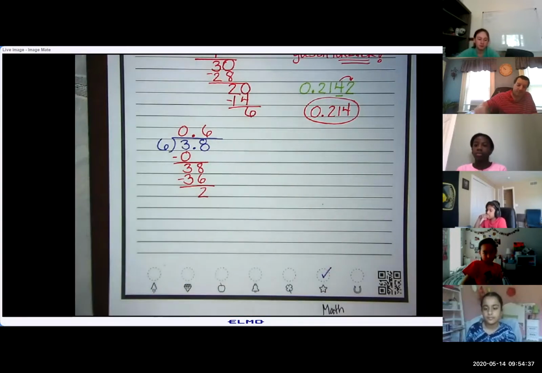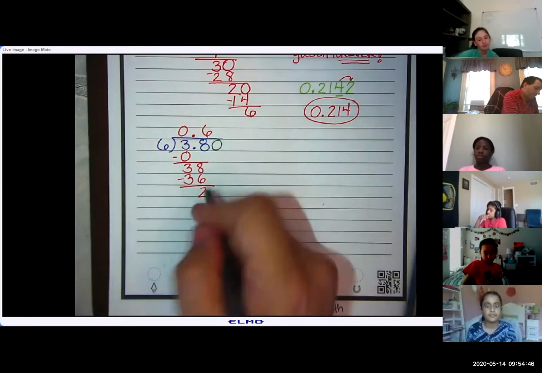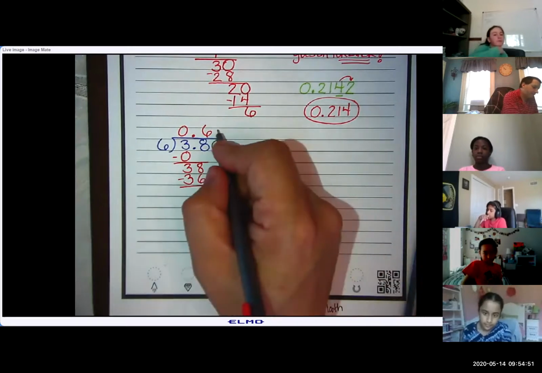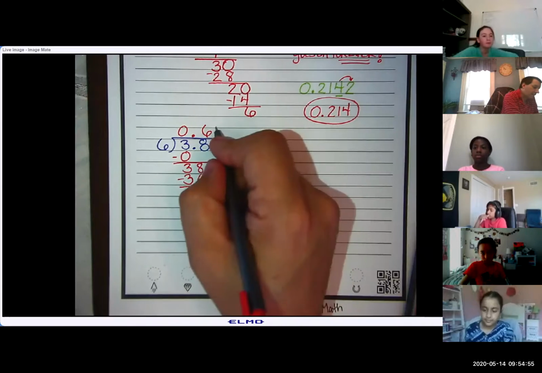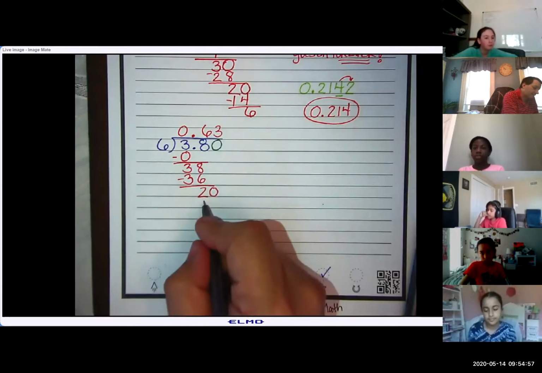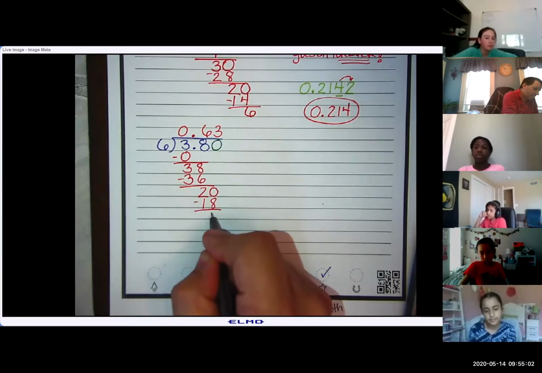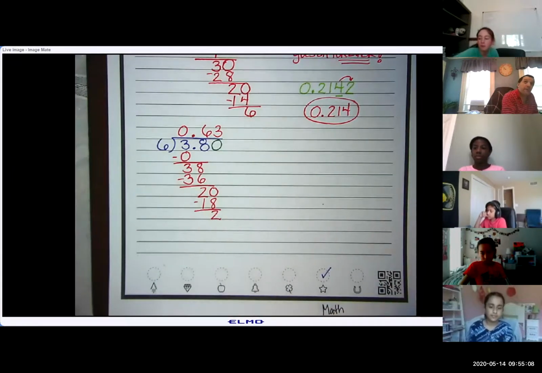Now what? You add a 0 and bring it down. 20 divided by 6 is 3. 3 times 6 is 18. 18 from 20 is 2. Then add a 0.